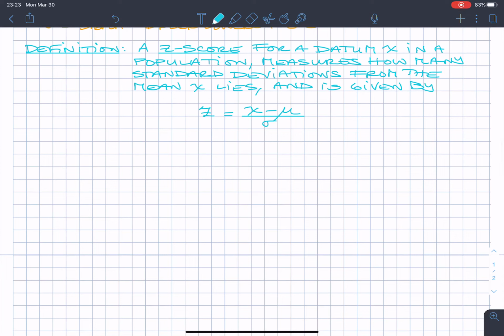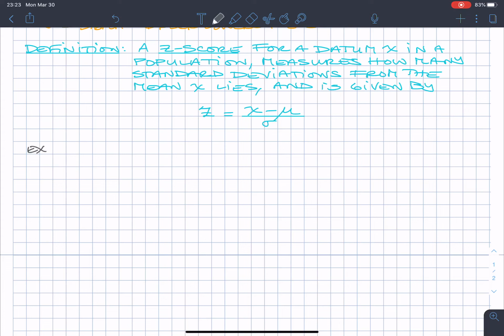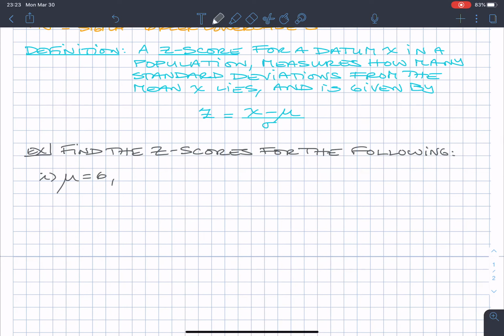Okay, so for example, find the z-scores for the following. Okay, so number 1, let's say I give you that mu, the population mean, is 6. I give you this sigma. Draw my sigma a bit better.